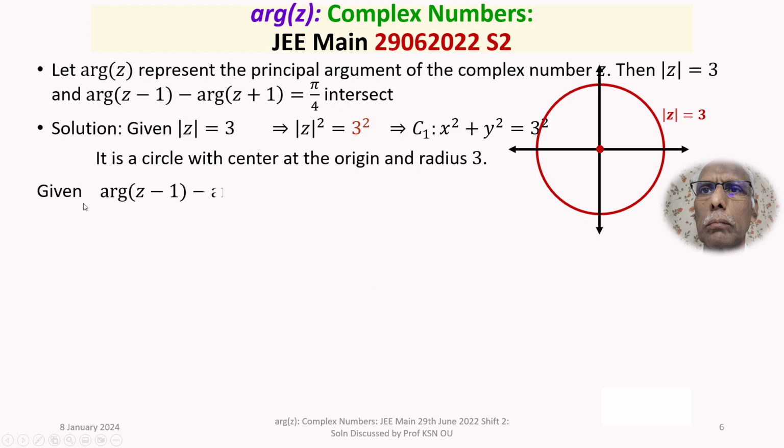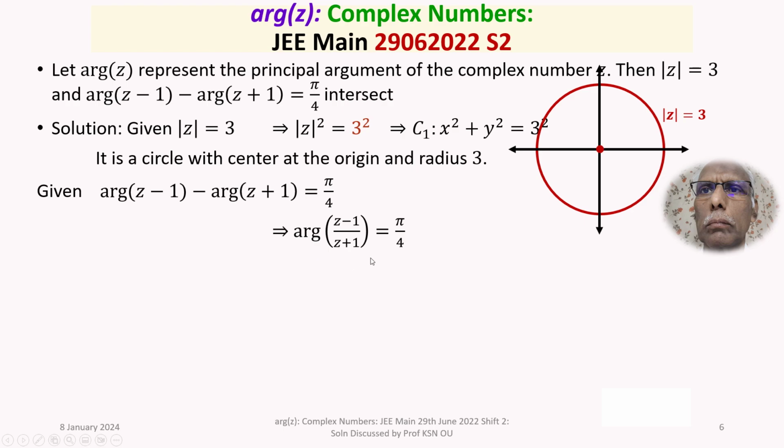Now, we are given argument of z minus 1 minus argument of z plus 1 is equal to pi by 4. This is the same as argument of z minus 1 by z plus 1 is equal to pi by 4. And this is a very well-known result.